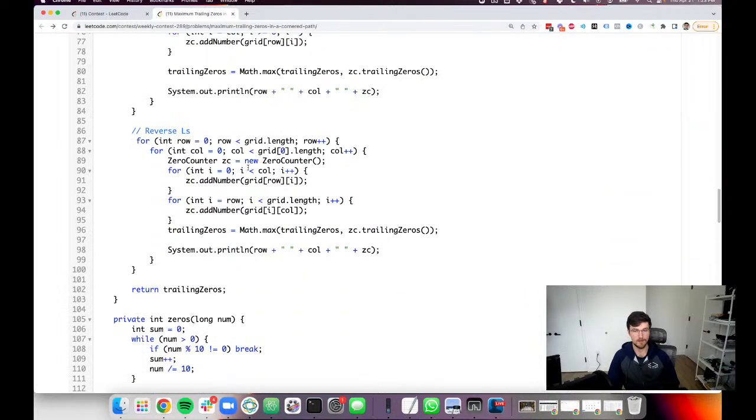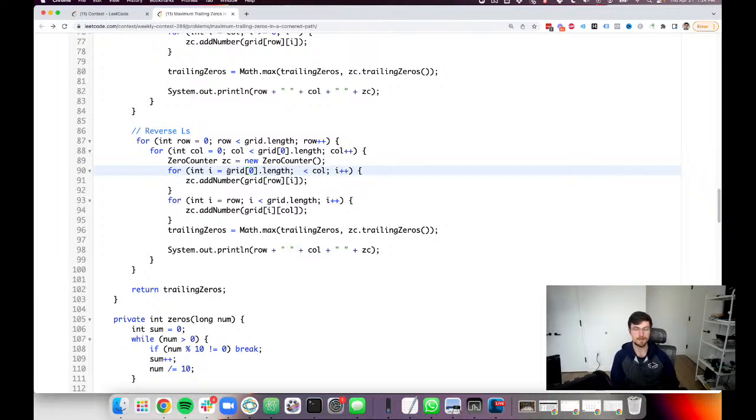And then with this one, if we want to create an R shape, we're going to iterate up the... really, if we're going to do it in this order, I is going to equal grid[0].length.